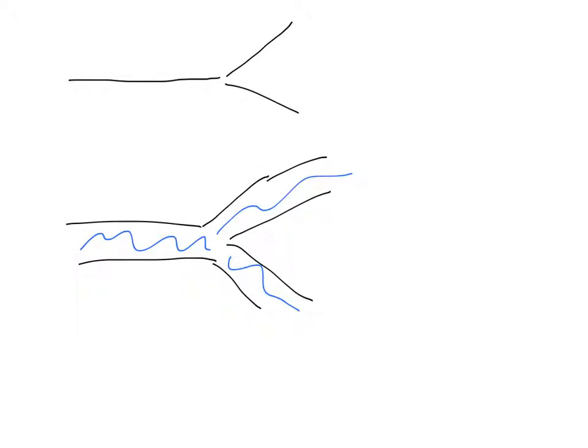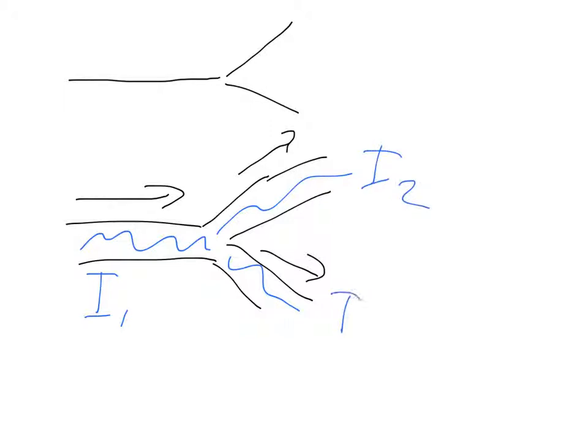What we could assume is that if the current is incoming this way, and then we have water flowing down these other two little tributaries, the amount coming in has to be the same as the total going out. So we could say that, for example, the amount of current in case 1 here, we can call this 2 and 3, that has to be equal to the sum of these two other currents.